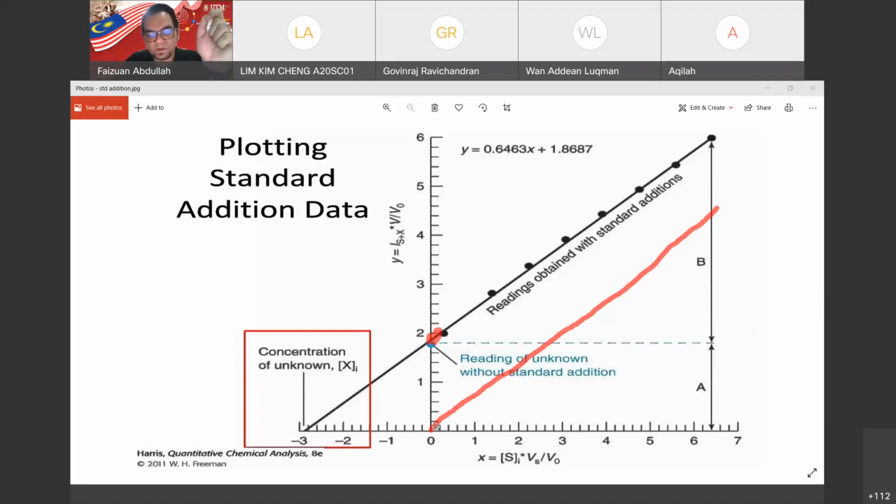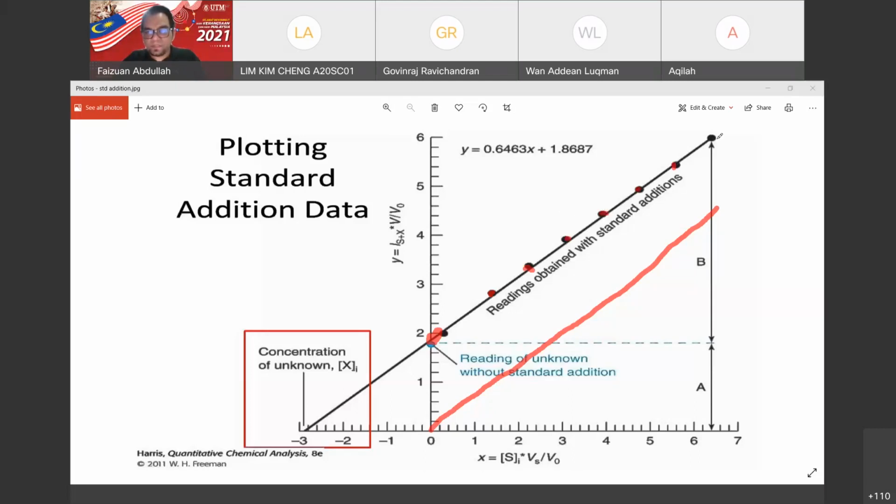It's no longer at zero, because previously we only used distilled or deionized water, which has zero analyte. Then we have increasing concentration, of course, because we increase the standard solution amount in every volumetric flask, so we have increasing absorbance read by the instrument.